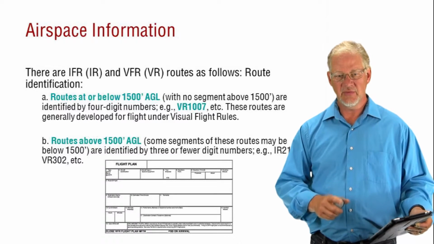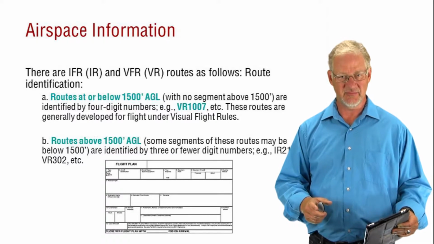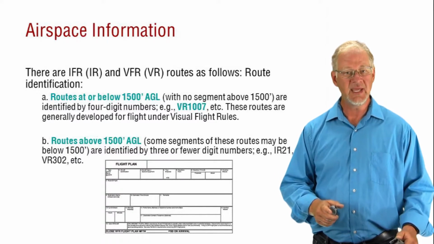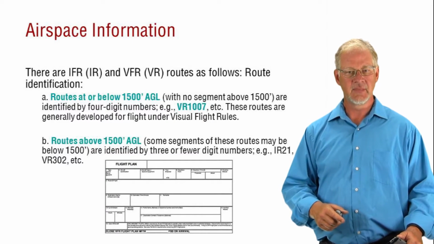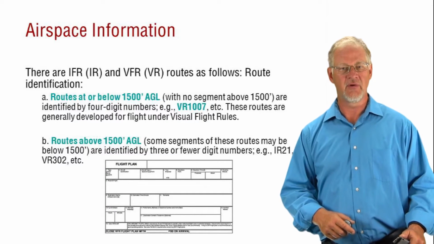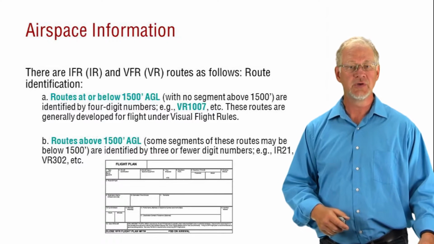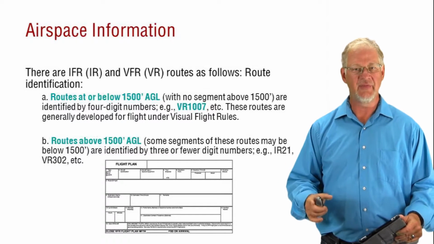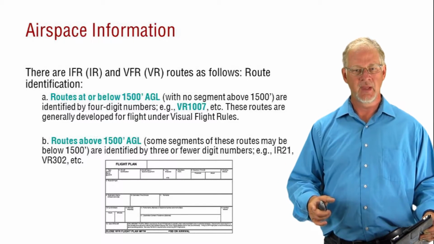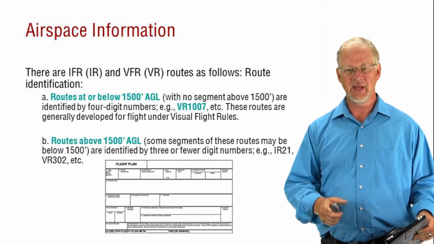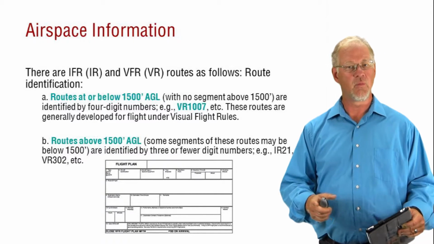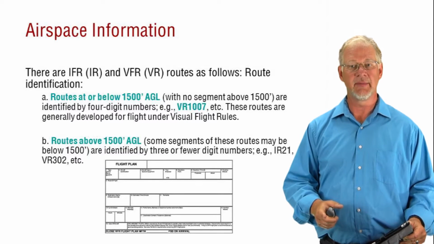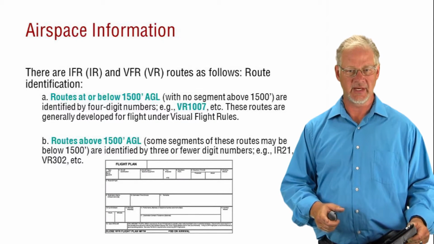These routes are used by military to separate themselves when they're operating, meaning they can fly below 500 feet, right into your airspace of 400 feet, 300, or 200 feet. They are allowed that. It is on the sectional chart. And if and when you operate in that area, you have to be cognizant of where those military aircraft are going to be operated and when they're going to be operating.